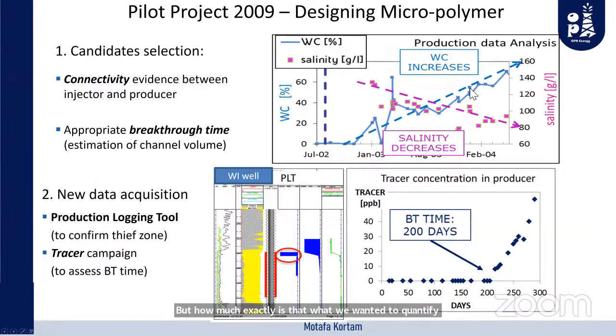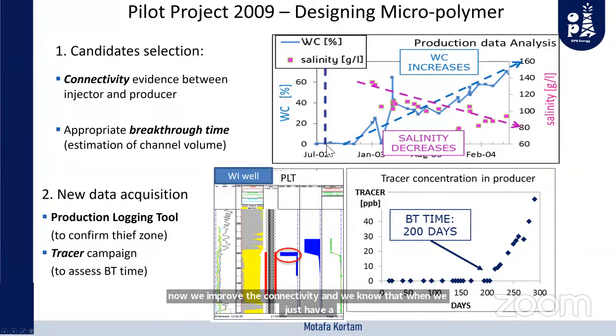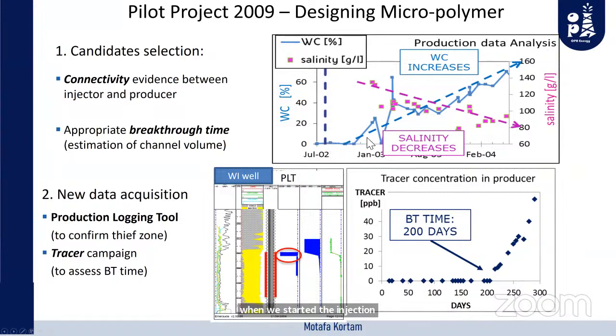So now we prove the connectivity. When we started the injection in the middle of 2002, the injection started here, accompanied by a decline in the salinity, indicating that we have a dilution and the seawater effect, or the injected water that arrived at the well, in nearly 6 months.